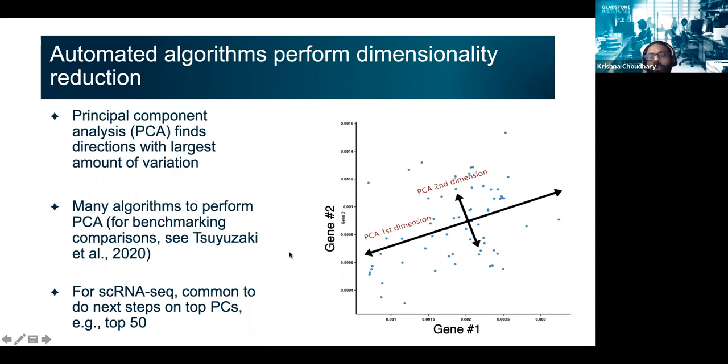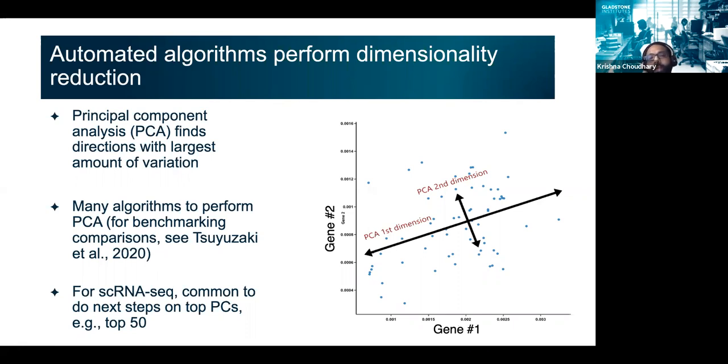The classical approach for PCA is accurate, but it is also not scalable. It does not scale to the number of dimensions and the scale of data, millions of cells, or thousands or tens of thousands of cells that people are working with. It does not perform computationally as well.